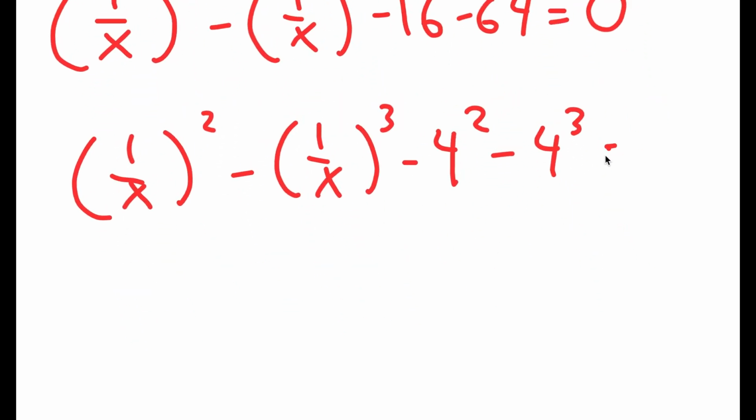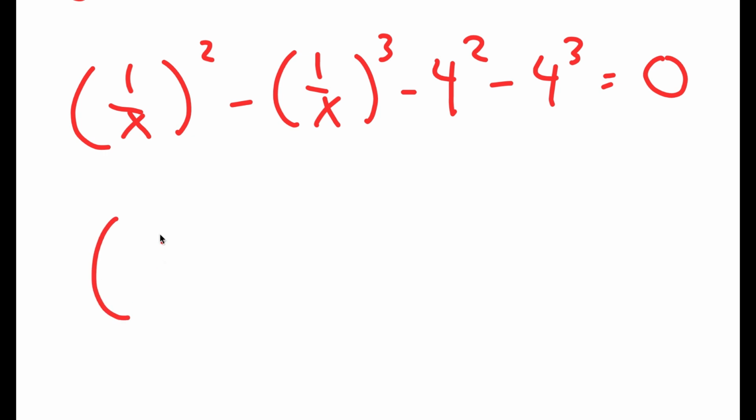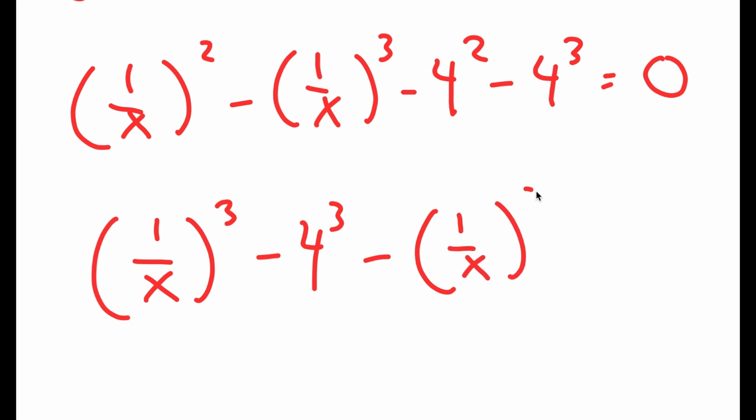So if I rearrange this, I have 1 over x to the power of 3 minus 4 to the power of 3 minus 1 over x squared minus 4 squared is equal to 0.